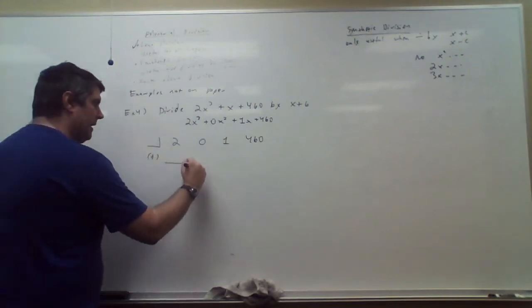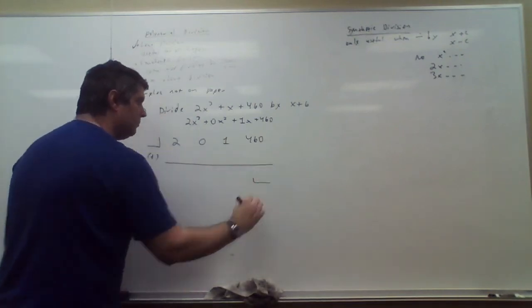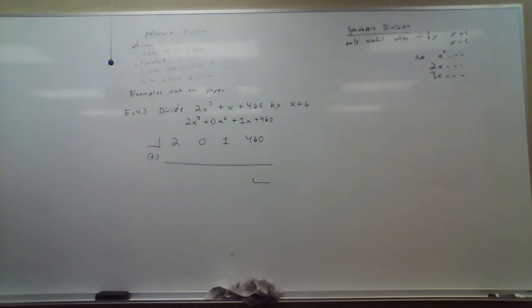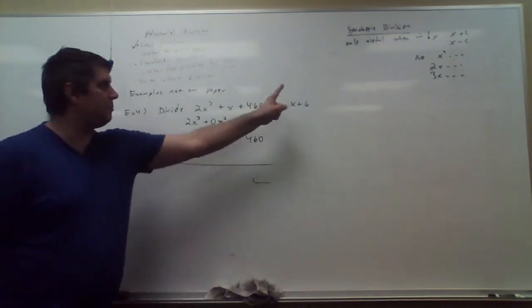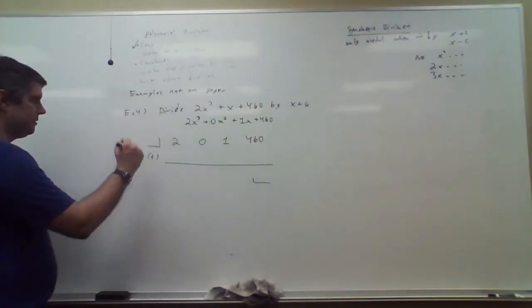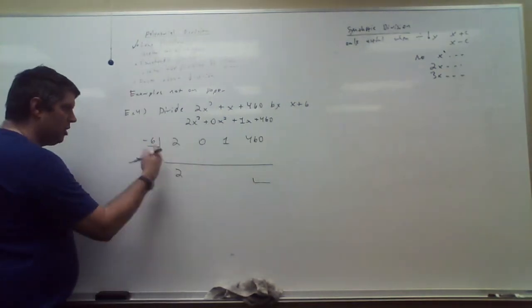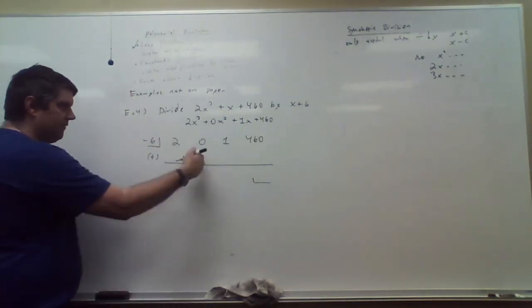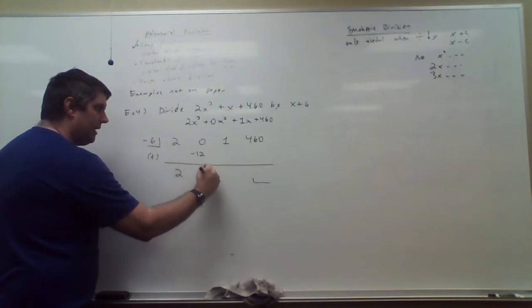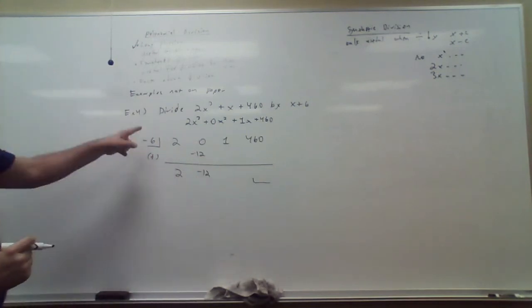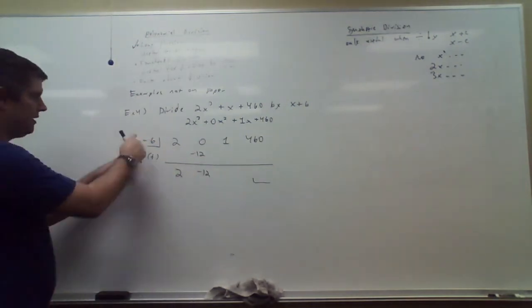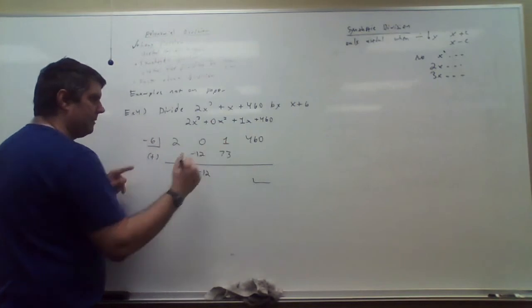Plus an empty row. And the opposite of plus 6 is minus 6. Bring down the 2. 2 times negative 6 is negative 12. We get negative 12. Negative 6 times negative 12 is positive 73.